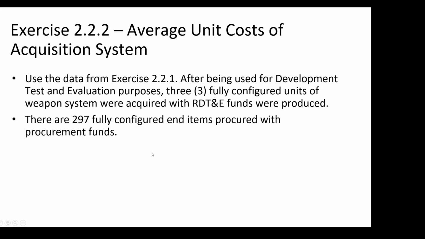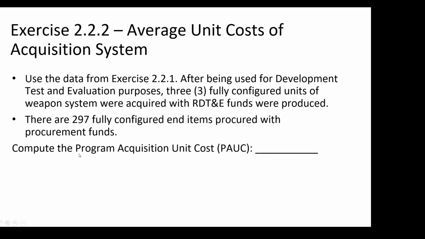All right, so let's do the first one. I have to calculate the program acquisition unit cost. I already know the program acquisition cost because I did the PAC on the first one. The program acquisition unit cost is calculated as such. My program acquisition cost was 1,200 million. I divide that by 300 fully configured. Why?